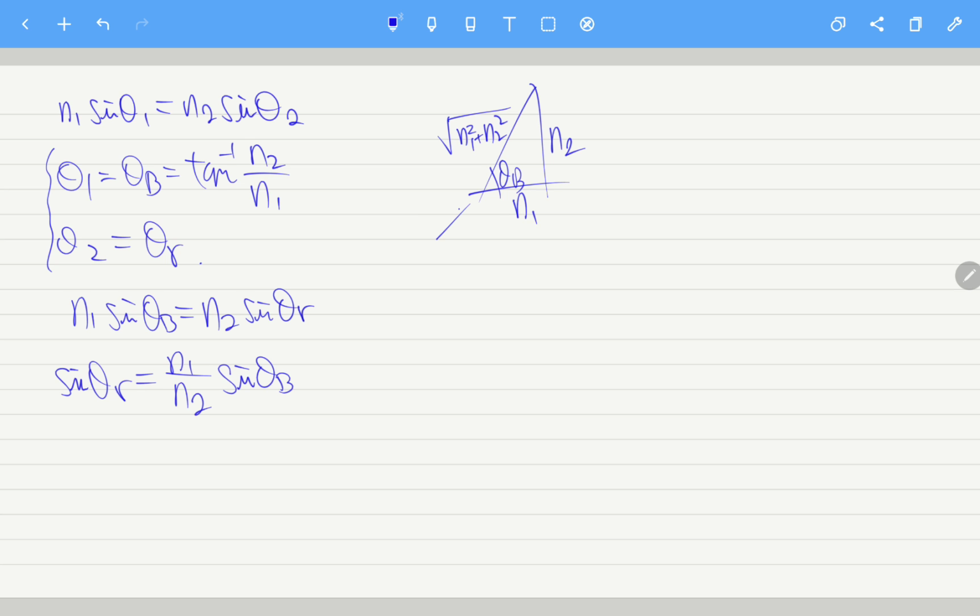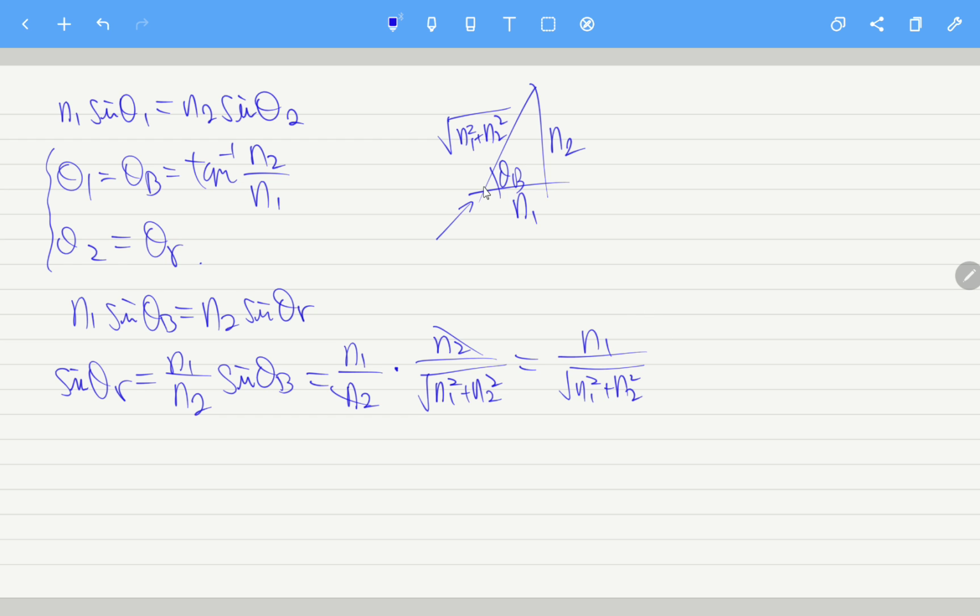From this figure we can see sine of theta b should be n2 over square root of n1 square plus n2 square. So we have n1 over n2 times n2 over square root of n1 square plus n2 square. We can cancel n2 and n2. We have n1 over square root of n1 square plus n2 square.